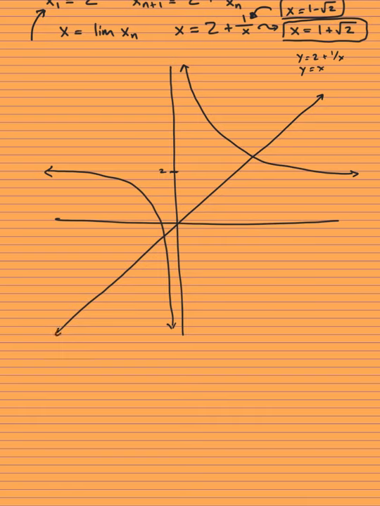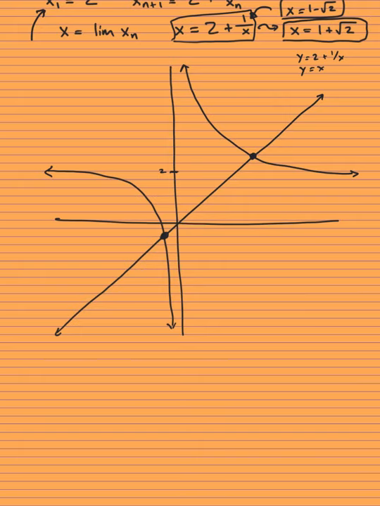All right, and there are 2 points here where the two graphs intersect. So there's a point here and a point here. And if you think about it, when you solved this equation, x is 2 plus 1 over x, that's exactly solving to find the points of intersection, where the graph y equals x meets the graph y equals 2 plus 1 over x.